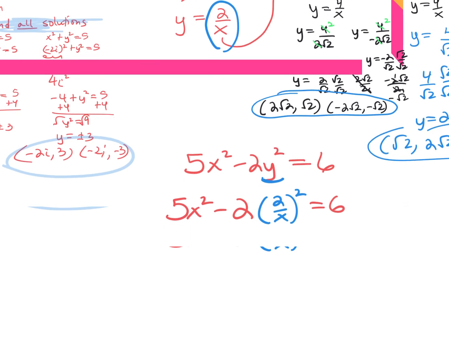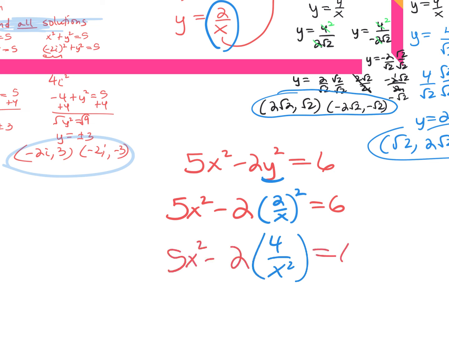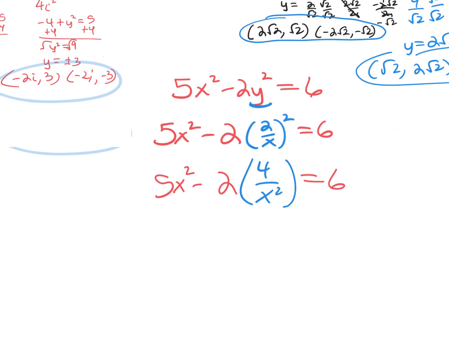So now I need to square that, and this becomes 4 over x squared. And then I still have everything else here. I can also multiply this, and this becomes 8 over x squared.